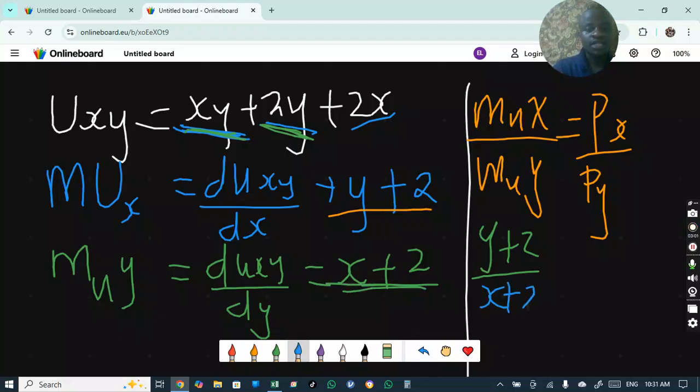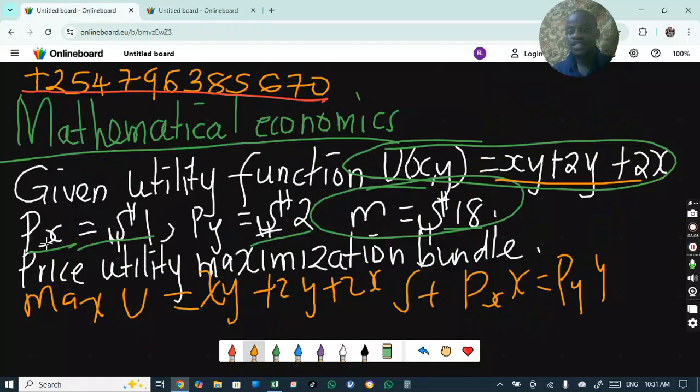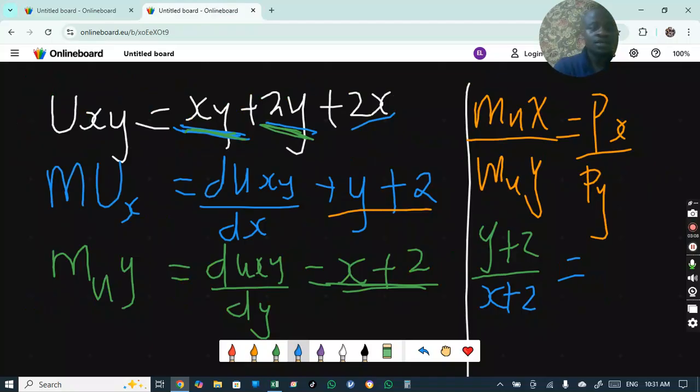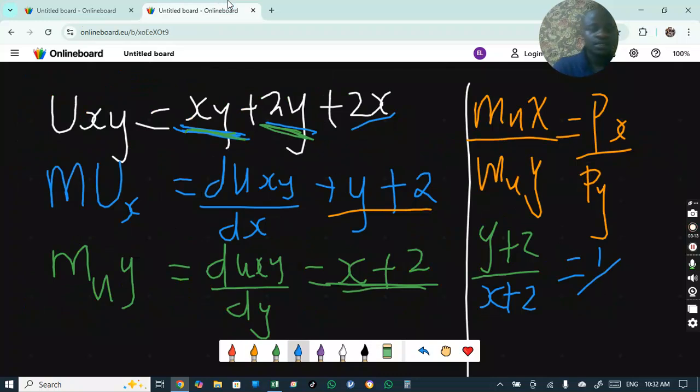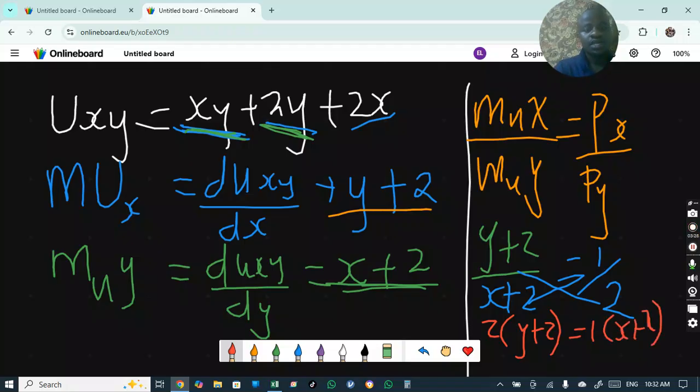The price of x was $1 and the price of y is $2. So we cross multiply: 2 times y plus 2 is equal to 1 times x plus 2. That is 2y plus 4 is equal to x plus 2. That will be our first equation.